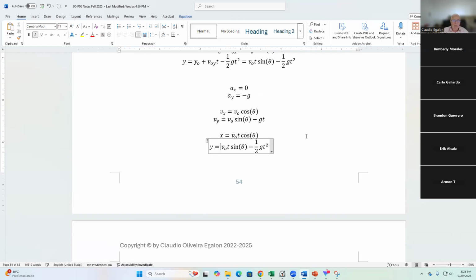Right, we have V naught Y, and now we change V naught Y to V naught sine of theta. Those are the equations of motion. Okay, those are the equations of motion for a projectile.